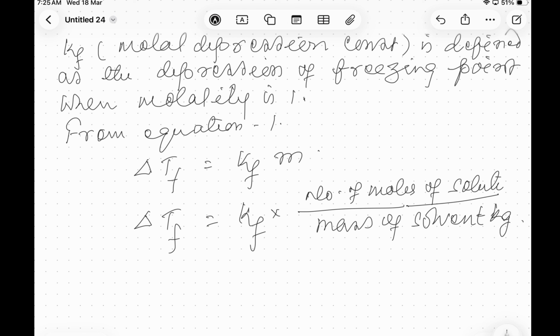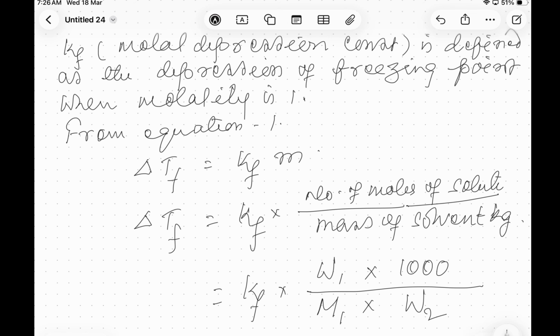So it can also be written as mass of solute in gram by molar mass of solute, over mass of solvent in gram by 1000.